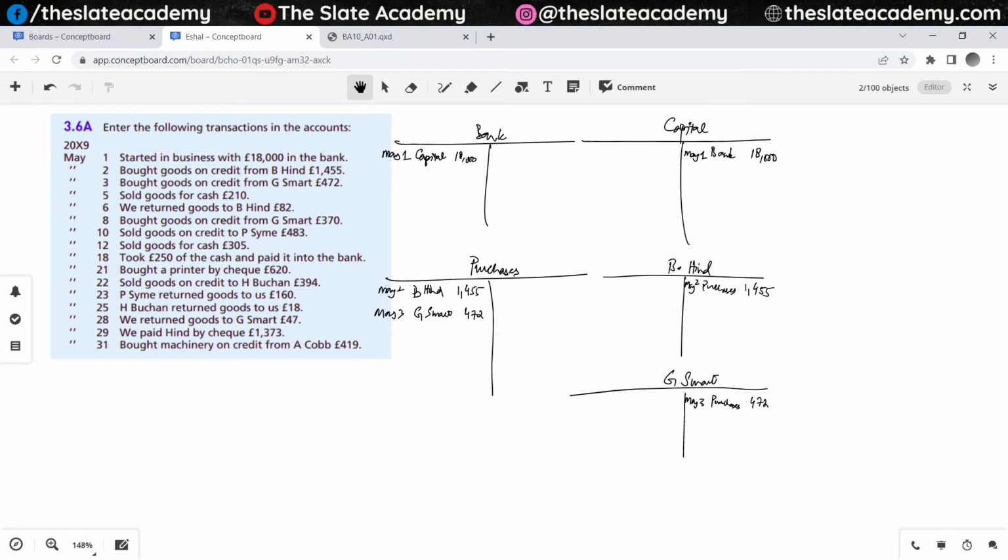Okay, the next transaction is sold goods for cash 210. So now we'll have a sales account as well. Sales. How much sold? 210, for cash, and which date?